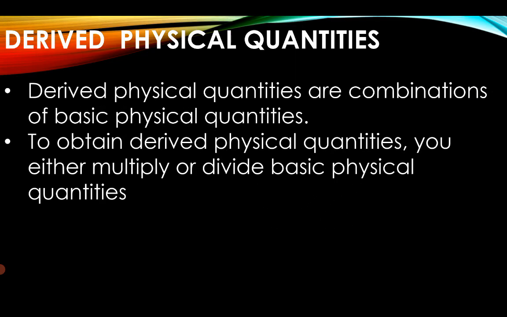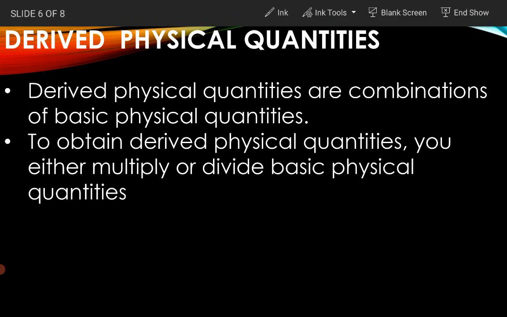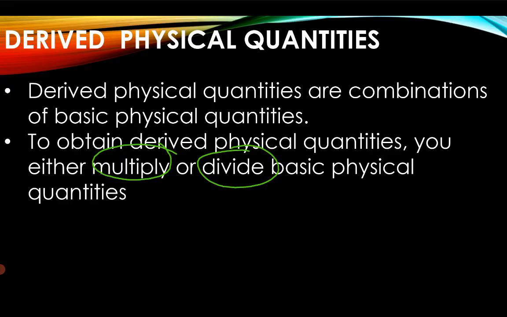Right. So to obtain derived physical quantities, you either multiply or divide. Derived physical quantities are obtained by multiplying or dividing basic physical quantities, by multiplication or division.